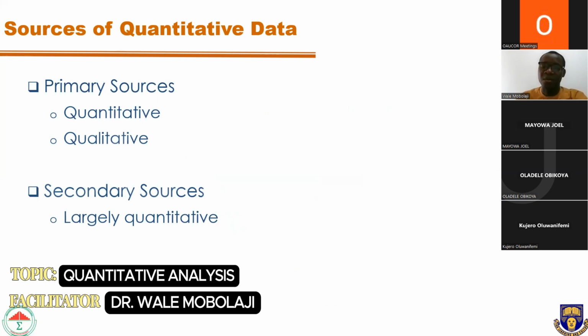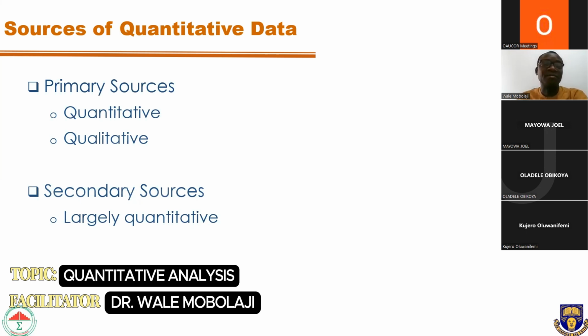Now, whatever data we have collected, either survey or interview or record or experiment, it is either primary or secondary. And when you collect primary data, it could be quantity or quality. Quantity, I mean quantitative, and quality means qualitative.